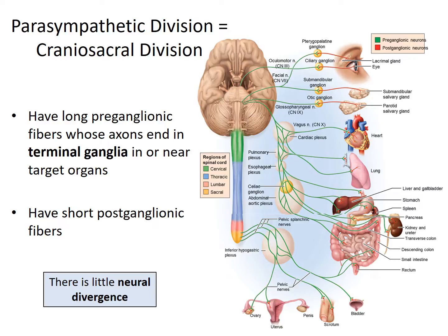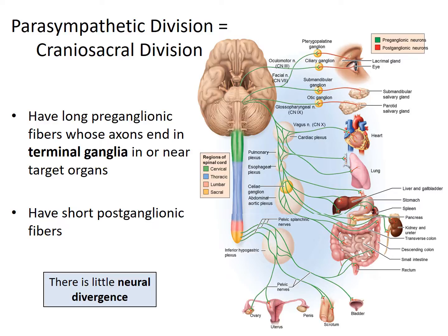These are long preganglionic fibers whose axons will end or synapse in terminal ganglia that are near or in the target organs. Because the terminal ganglia are in or near the target organs, the postganglionic fibers are going to be fairly short.